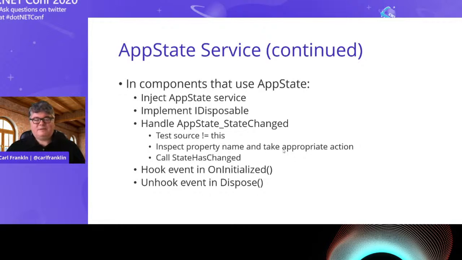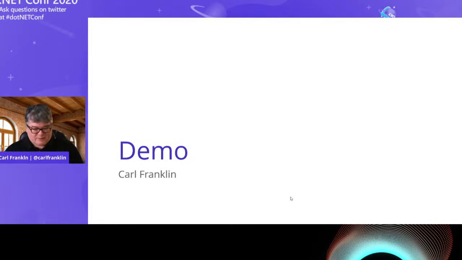Now remember, notifications aren't UI updates. UI will update automatically. Notifications are for, hey, I need to know when somebody else updates this property. So we're going to hook the event in OnInitialized and unhook it in Dispose. So let's see that demo.